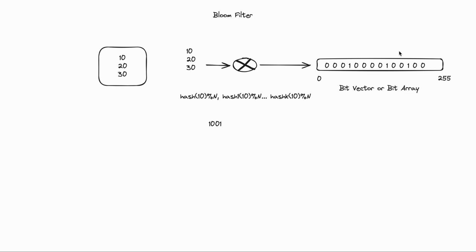Since all of them are already filled up, it will return true, but the element does not actually exist in the set. So in certain scenarios, it will return a false positive, which means it will tell that an element that is not added to the set exists in the set.